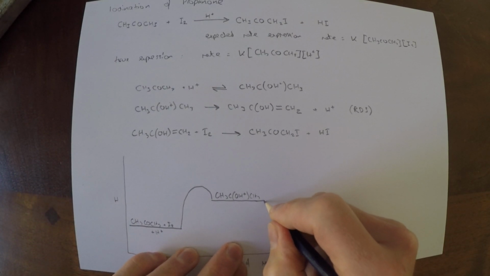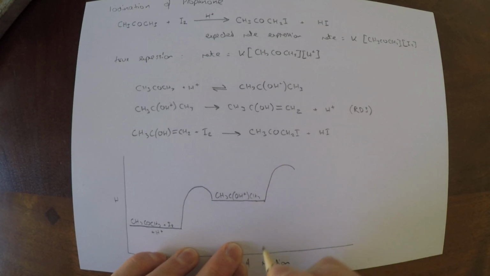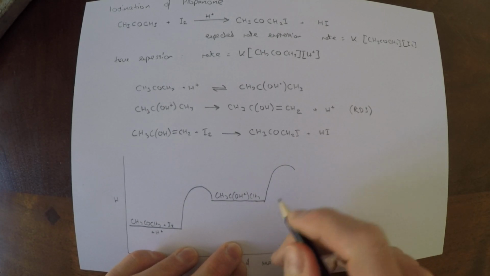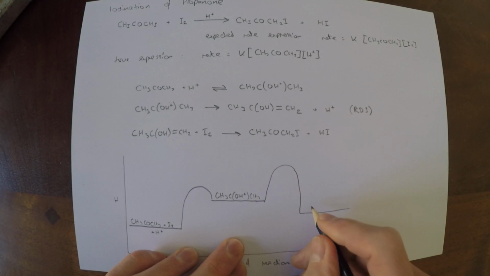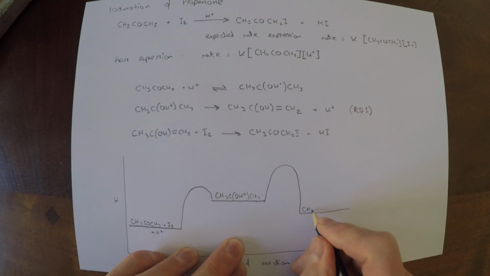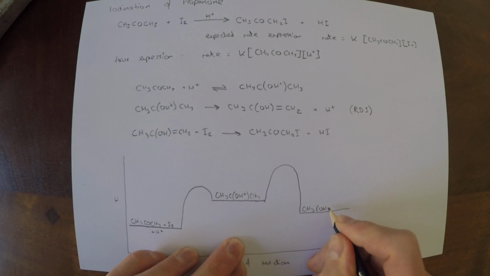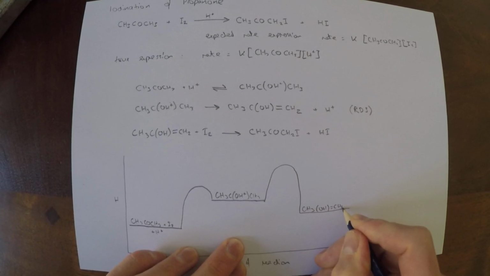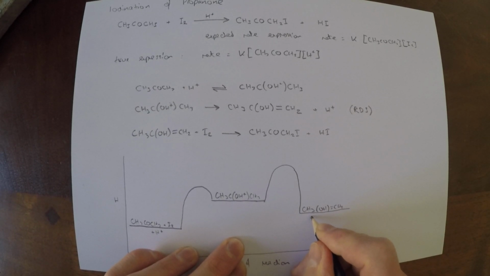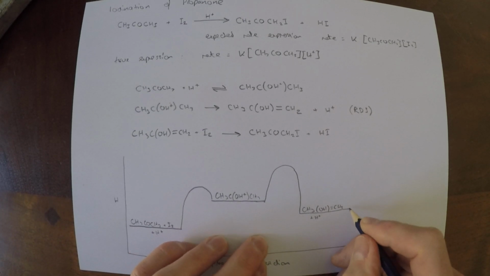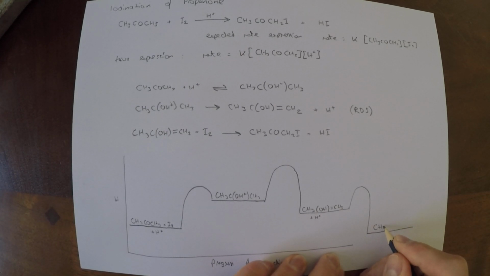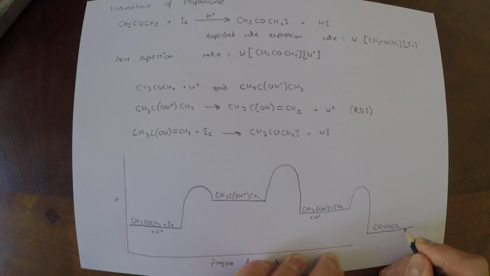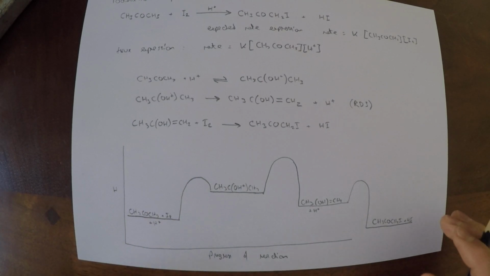The second step is the rate determining step and therefore has the highest activation energy in the process, forming the second intermediate, reforming the catalyst. And finally, the final step produces the products.